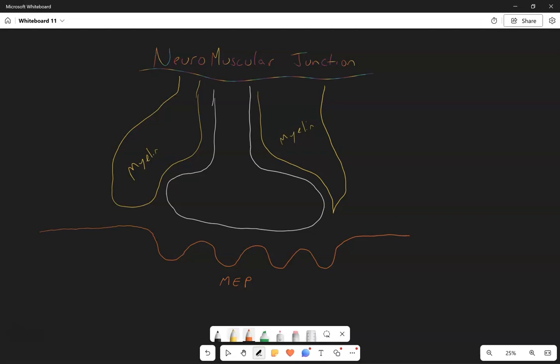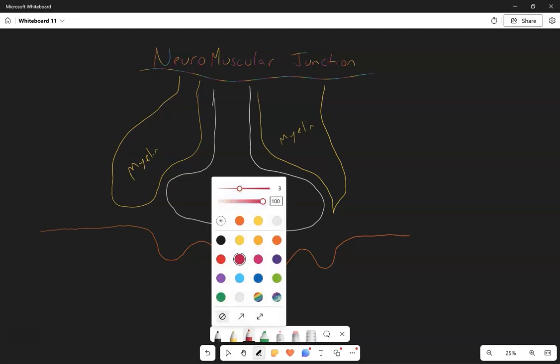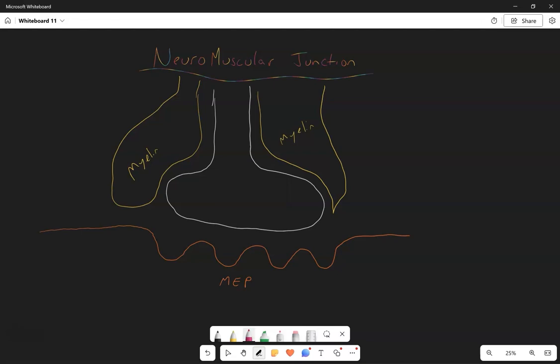All right, now, a couple things that we have to put in place here. The first thing is we have to put these vesicles in the axon terminal or the synaptic bulb that are going to contain a neurotransmitter. And since this is a somatic neuron, that neurotransmitter is going to be acetylcholine, or ACh.